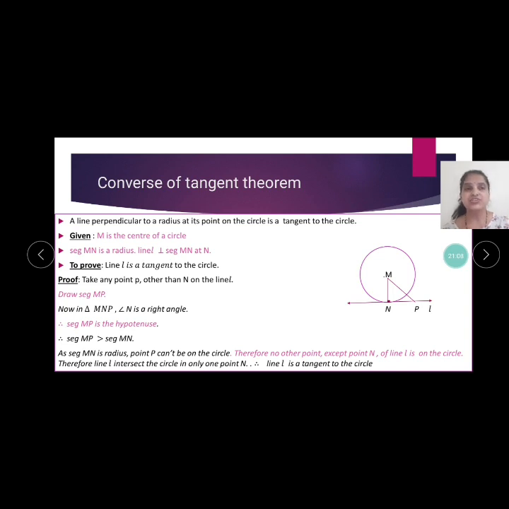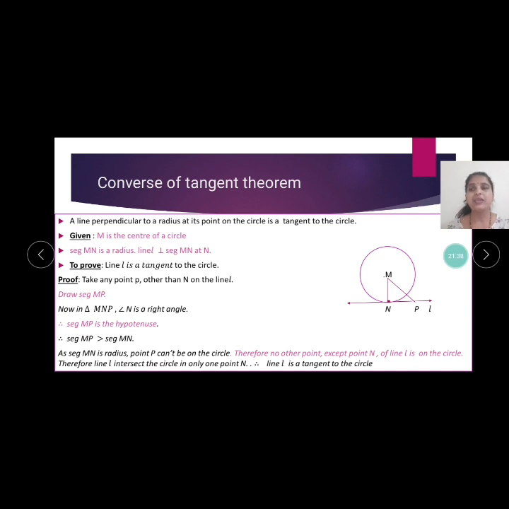Now we get a triangle MNP, where angle N is a right angle. As the triangle is right-angled at N, MP is the hypotenuse, and its length is greater than the other sides of the triangle. So MP is greater than MN, right?